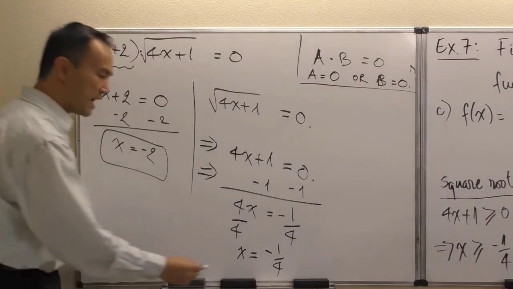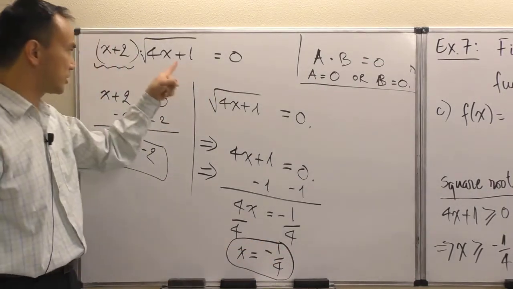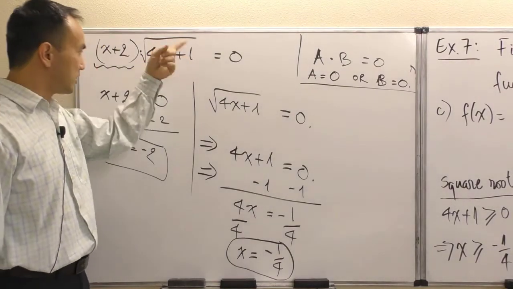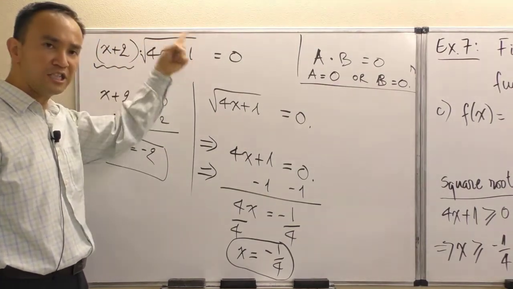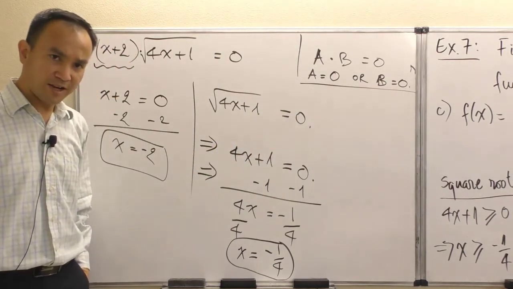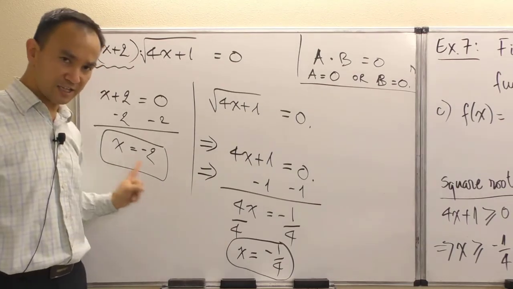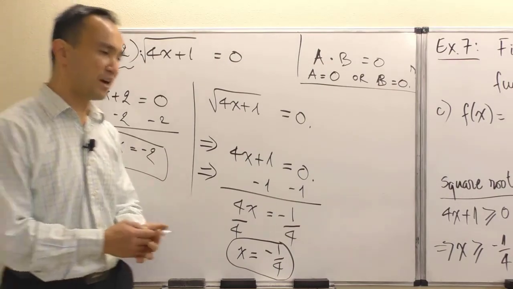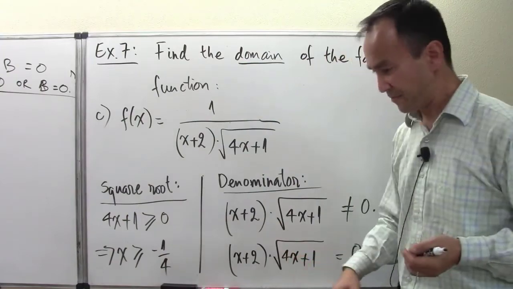Why is this bad guy bad? Because it causes this entire square root factor to equal 0. Consequently, the whole product, which is our current denominator, will equal 0. That's the logic and reasoning. So at this point we have spotted two bad guys that cause the denominator to equal 0. Let me list them here.